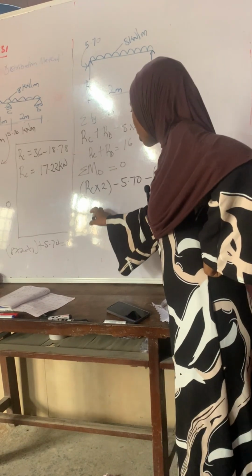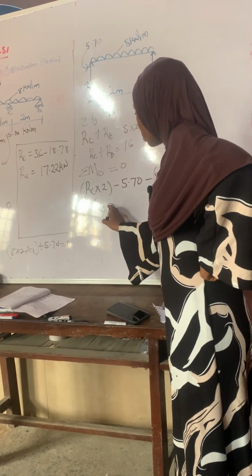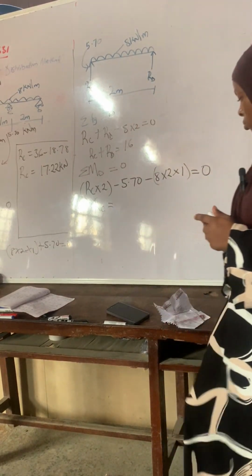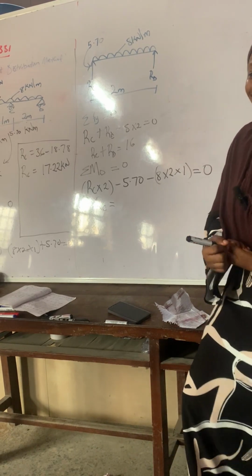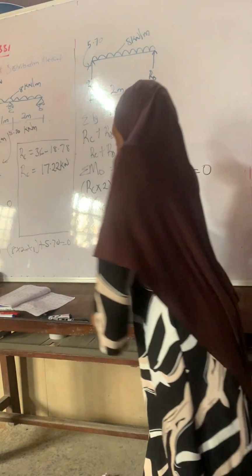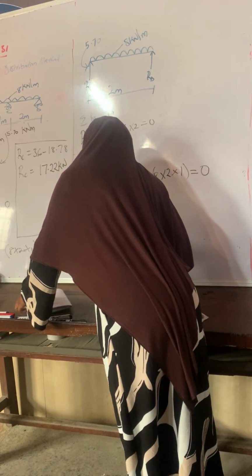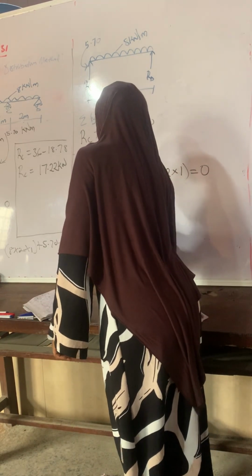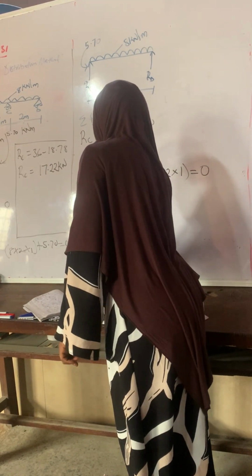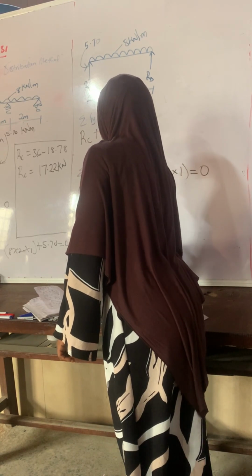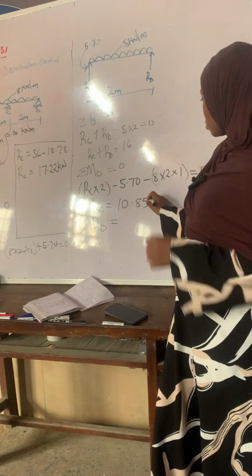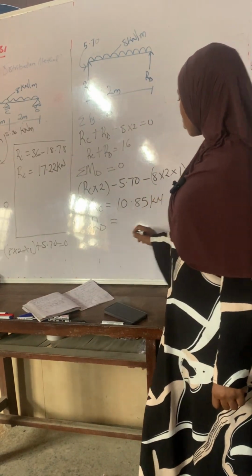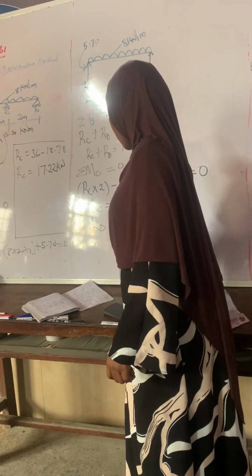So can someone get the value of RC for me? 10.85. So our RD will be what? 5.15.